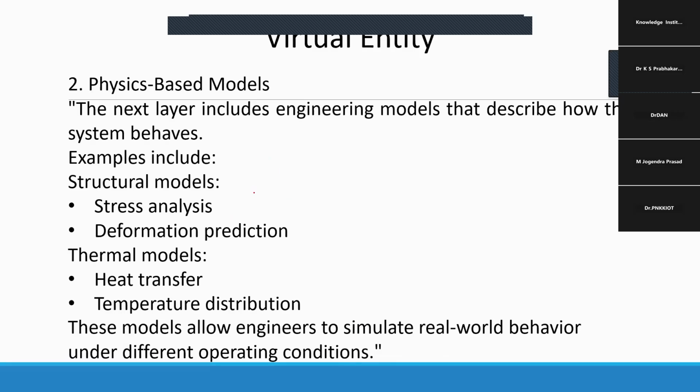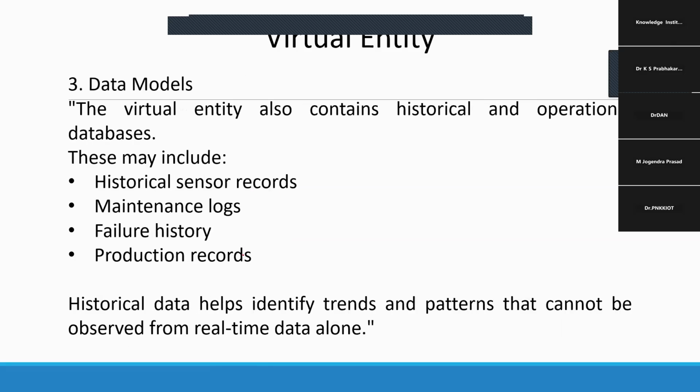For example, as I already told you, stress analysis helps understand the deformation, or how much stress is developed, so we can do deformation prediction. By using heat and thermal models, we can understand how the temperature is distributed and how heat transfer problems behave. In that way, engineers can simulate real-world behavior under different operating conditions.